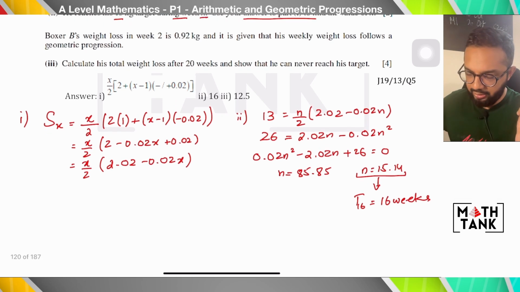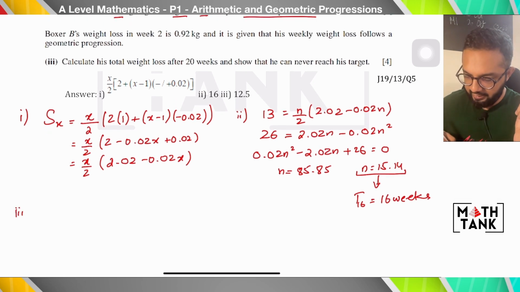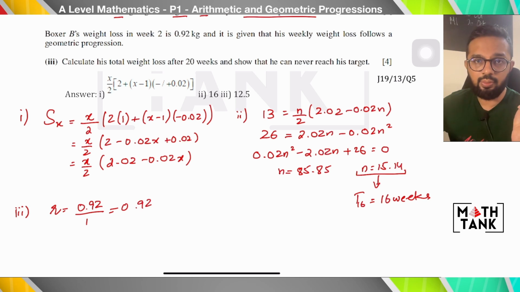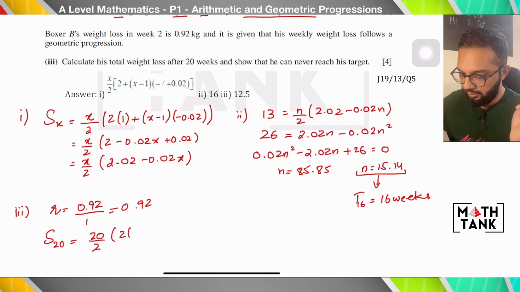Okay, then Boxer B's weight loss in week 2 is 0.92, and it is given that his weekly weight loss forms a geometric progression. So I will need the common ratio, so that's 0.92 divided by 1, that's 0.92, term 2 divided by term 1. Calculate his total weight loss after 20 weeks, so 20 over 2, 2a... Oh, that's my bad.